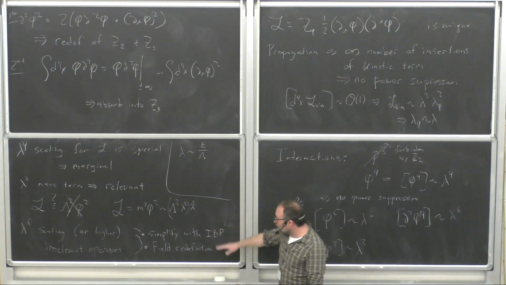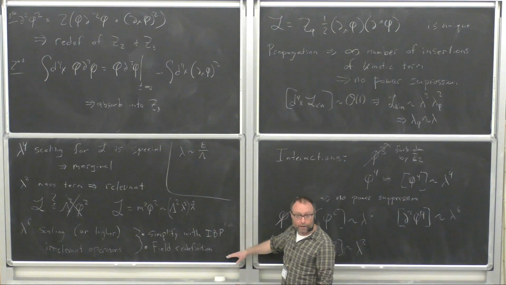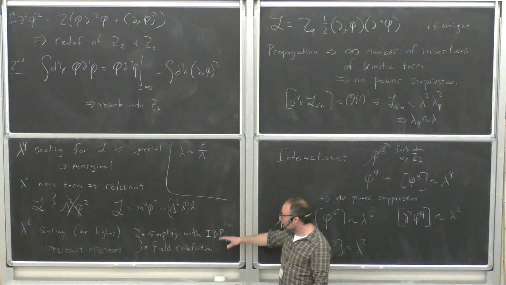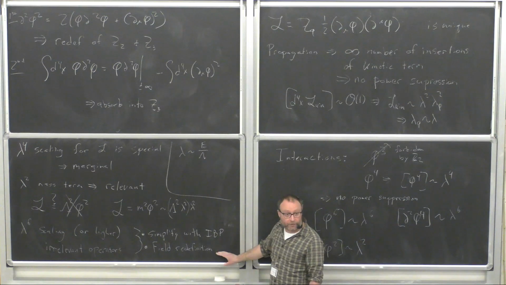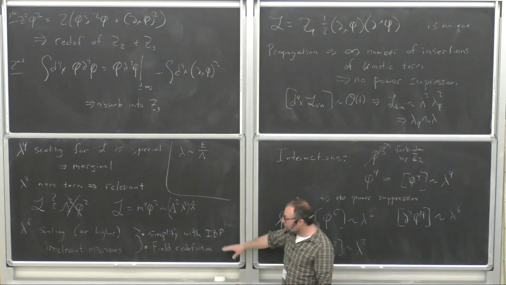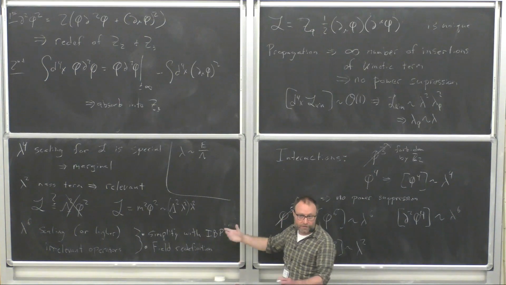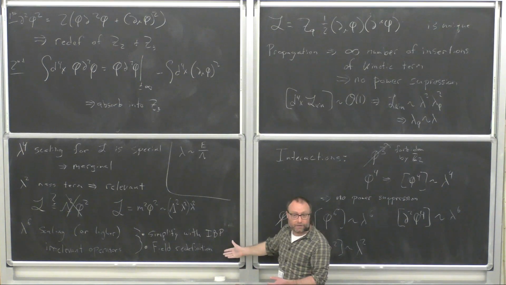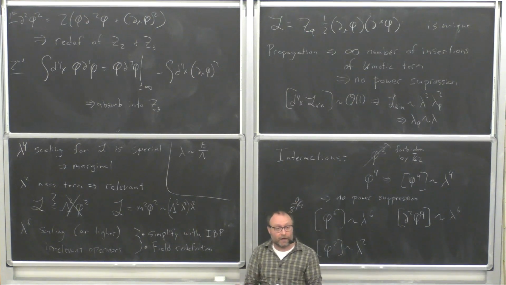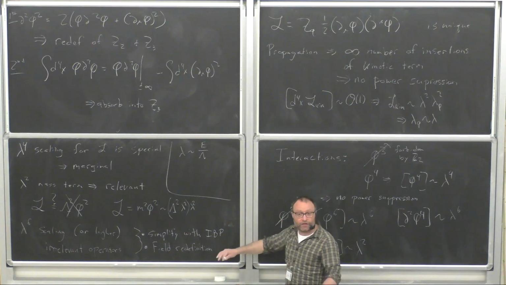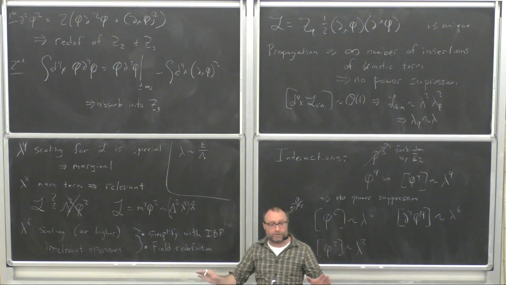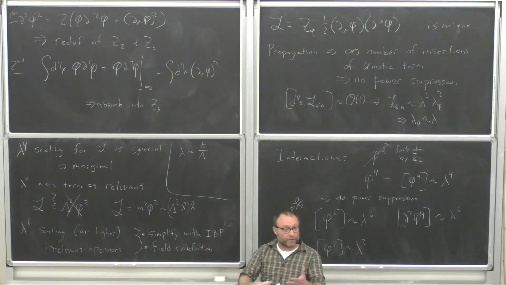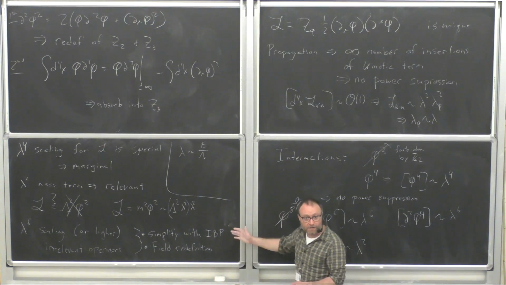But ultimately, when you start writing down higher dimension operators, there's a game you play in order to simplify your life as much as possible. That's not just because you want to play with these tools, it's because it tells you how many legitimate free parameters you have. If you write down all possible terms, you'll think you have way more free parameters than you do because secretly they're related to each other through these kinds of manipulations, okay?